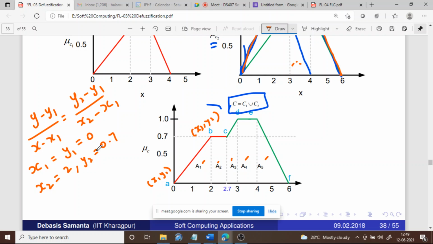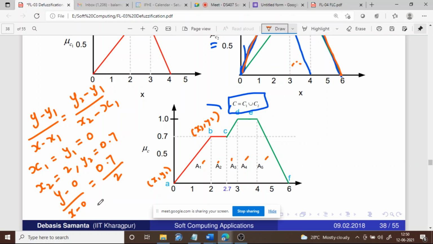Now plug in this equation. y minus 0 divided by x minus 0 equals y2 minus y1, 0.7 minus 0 is 0.7, divided by x2 minus x1, 2 minus 0 is 2. So what you get is 0.7 by 2.